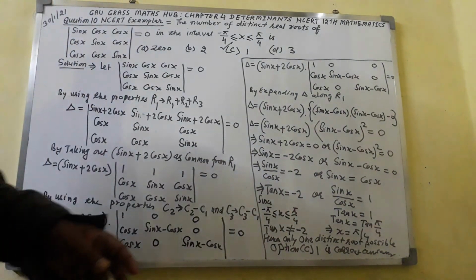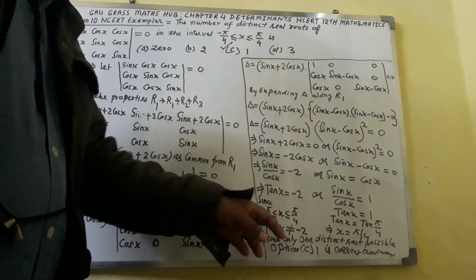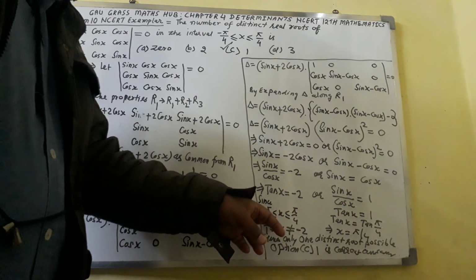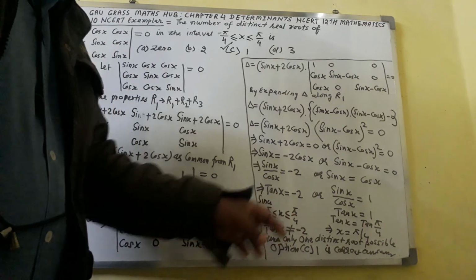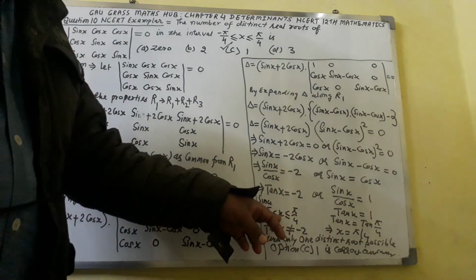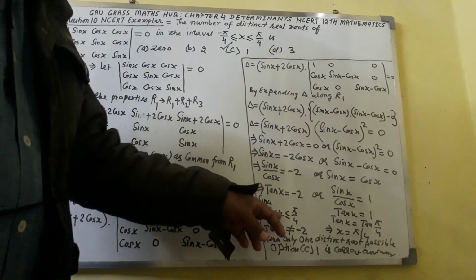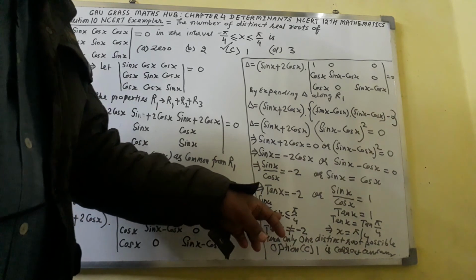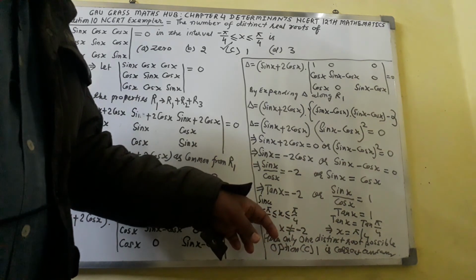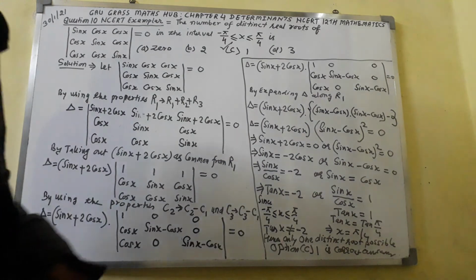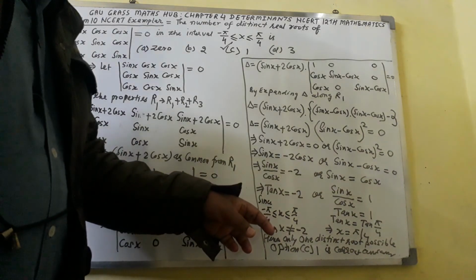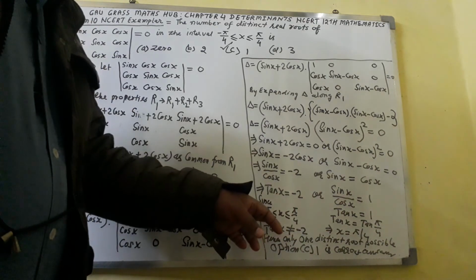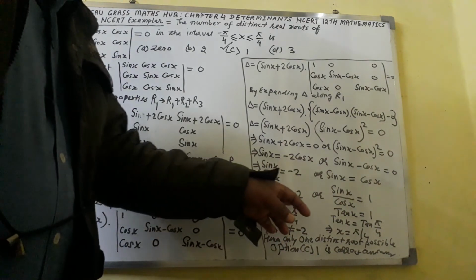So from this identity, minus pi by 4 less than or equal to x less than or equal to pi by 4, there will be no value of x which lies between minus pi by 4 and pi by 4 such that tan x is equal to minus 2.